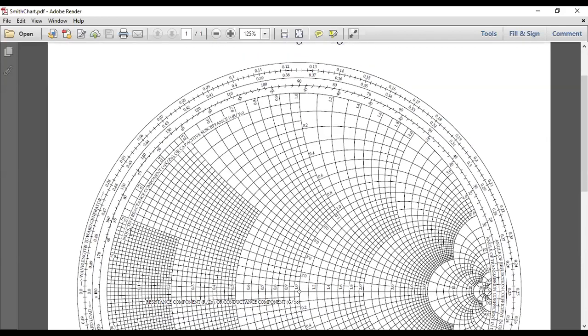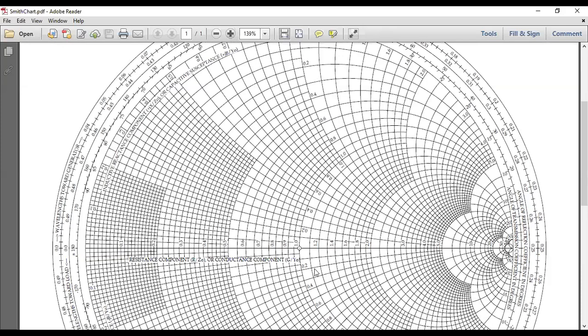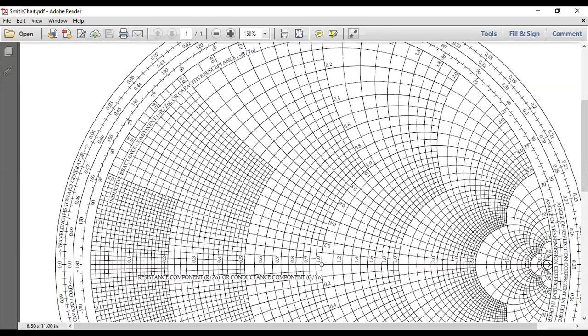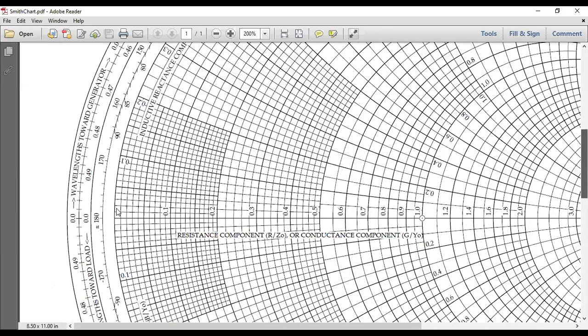So where is it? On the horizontal line, you just see here, on this horizontal line, 0 is not mentioned.